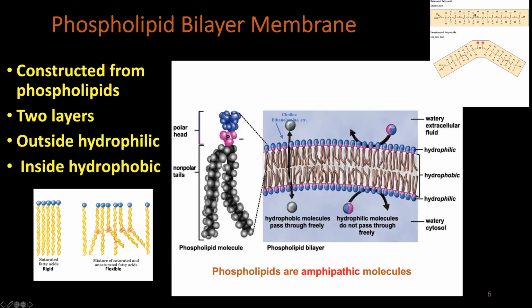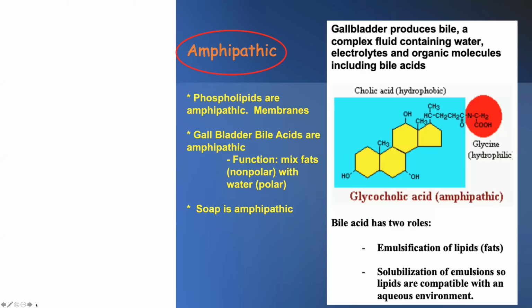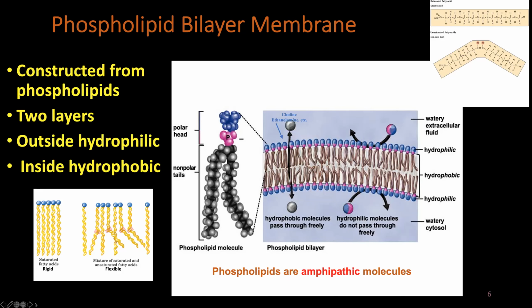And here in the upper right are the structures of a saturated and an unsaturated lipid. I've got a note here at the bottom of this picture that phospholipids are amphipathic molecules.